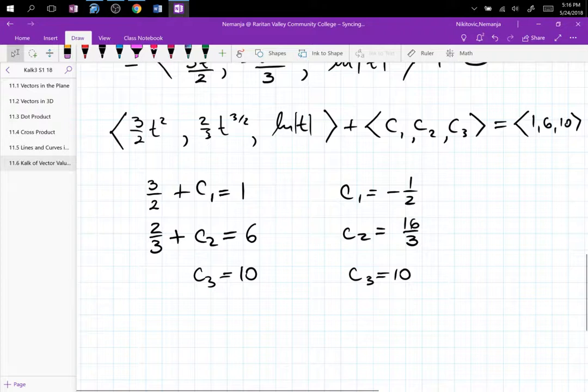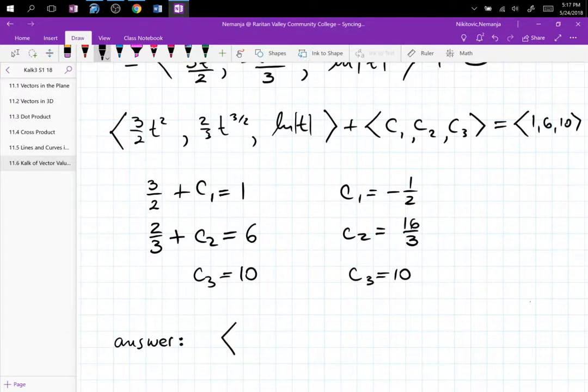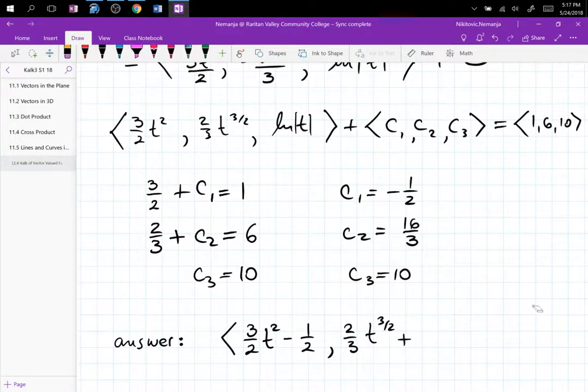So what is the answer? The answer is the vector 3/2 t squared minus 1/2, comma, 2/3 t to the 3/2 plus 16/3, comma, ln of absolute value of t plus 10.